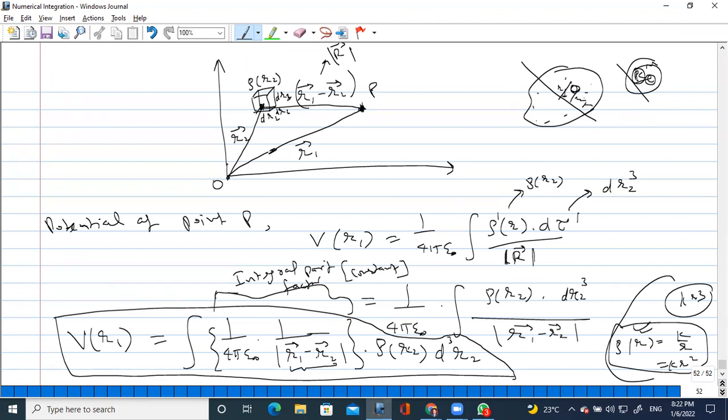It is R1 minus R2 mod only. In that aspect, I'm telling you that this is a variable function, and this term is fixed. Although R1 and R2 both are variable, this R1 minus R2 term is fixed. But here the type is also changing. This rho R2 can be k by R, k by R square, or kR square or kR cube. Here the whole thing is changing.